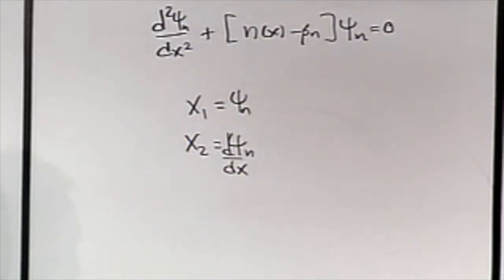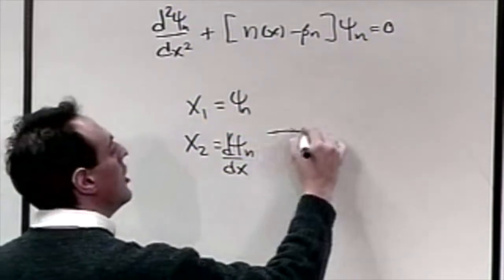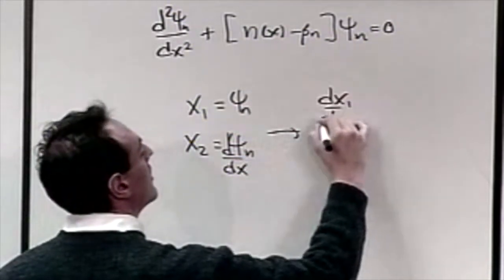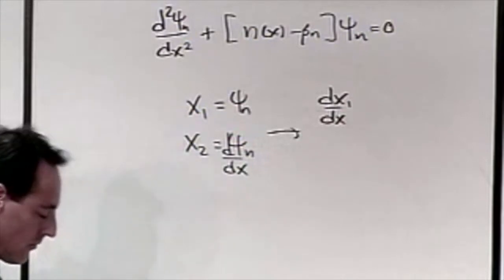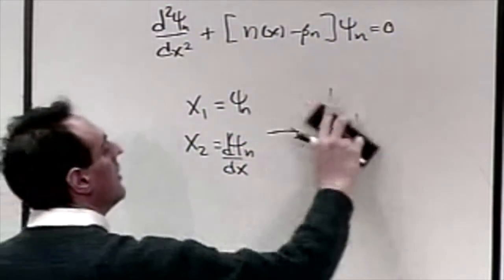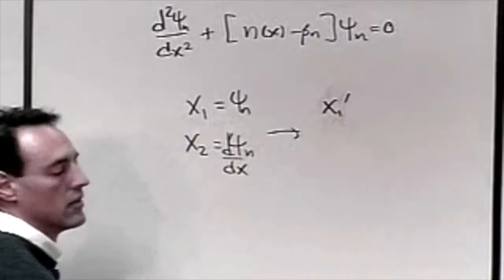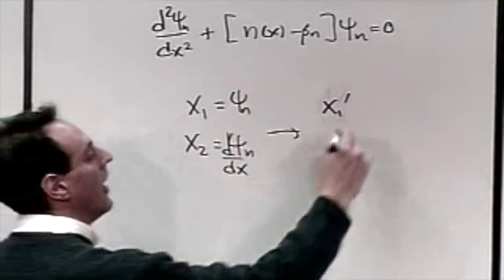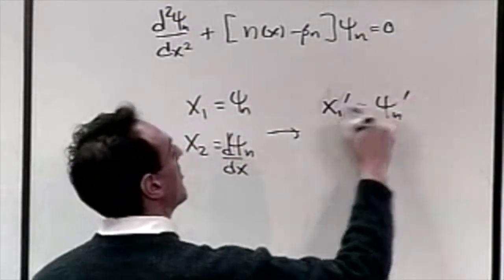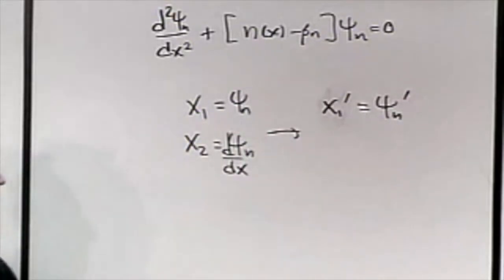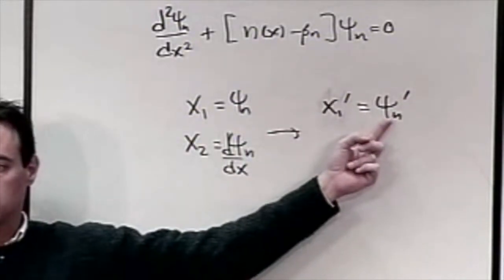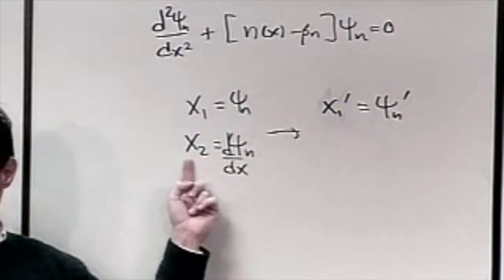Now here are the observations to make. What is dx1/dx? Or I can just put primes now. Take the derivative of this thing. Just take the derivative of both sides. But what is d psi n dx? That's what x2 is.